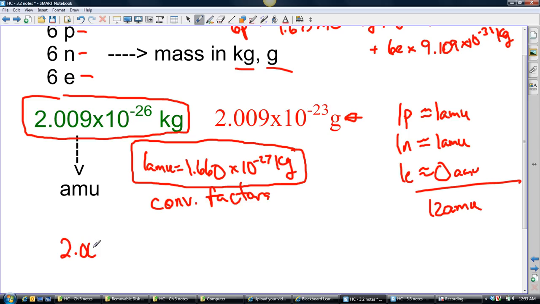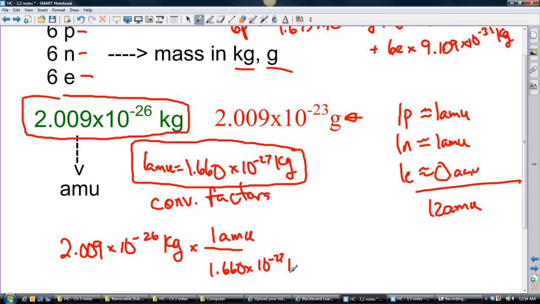We have 2.009 times 10 to the minus 26 kilograms times, and we write this proportion in fraction form so that we can get rid of kilograms and solve for AMUs. So 1 AMU goes on the top, 1.660 times 10 to the minus 27 kilograms goes on the denominator.